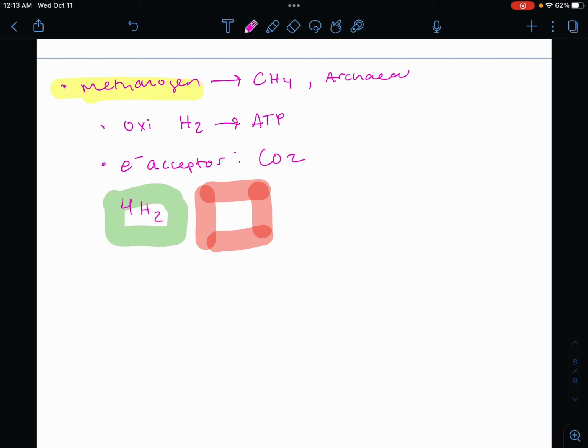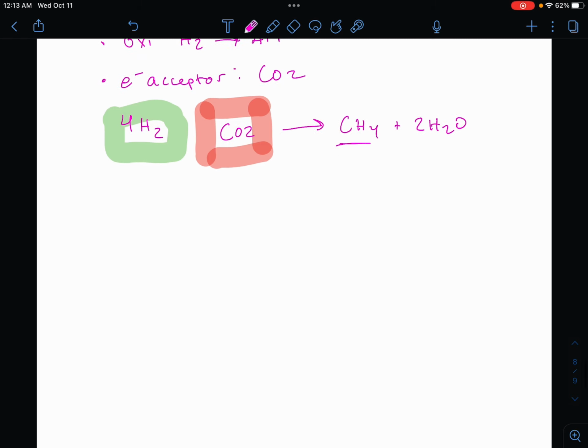So our terminal electron acceptor is, again, CO2, and these methanogens will make methane and 2H2O. There's our methane that's produced. We have this high sensitivity to oxygen, since they do not have peroxidase.